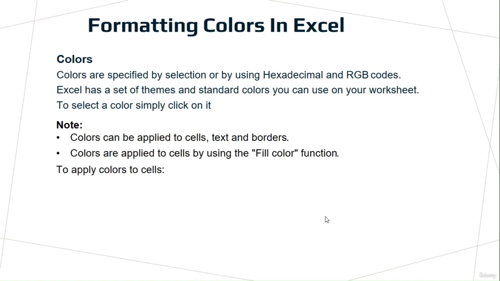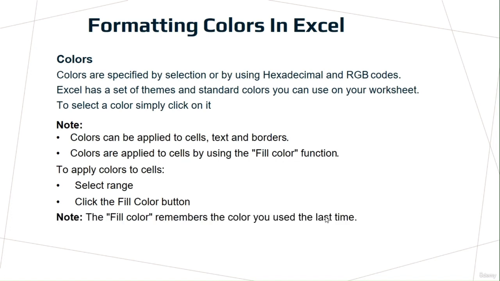To apply colors to your cell, just select the range and click the fill color button, select the color you want, and you have it. Another thing you should take note of is the fill color remembers the color you used the last time.